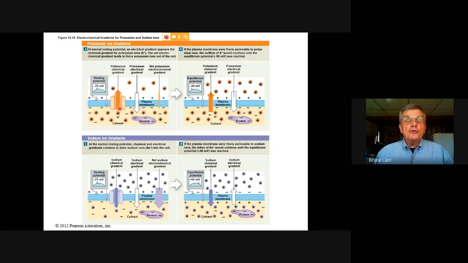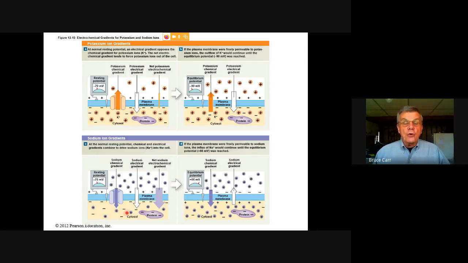So the diffusion force for moving out is very strong. However, the electrical gradient, since the outer part of the cell is much more positive, actually the potassium is being attracted by most of this negative charge. So the net force at rest for potassium movement is this minus this. It's a slight force to move potassium out, but not very strong.